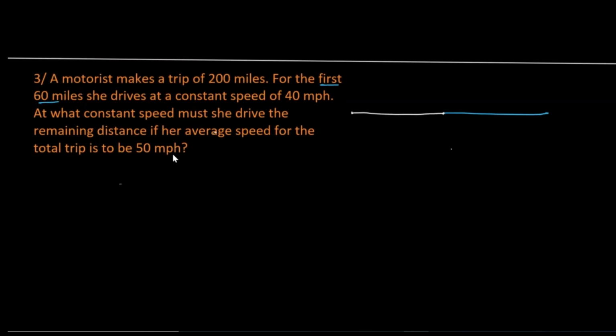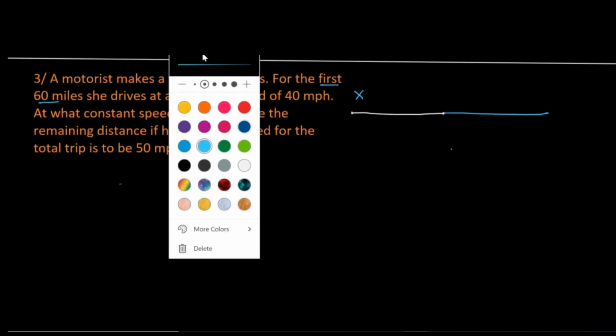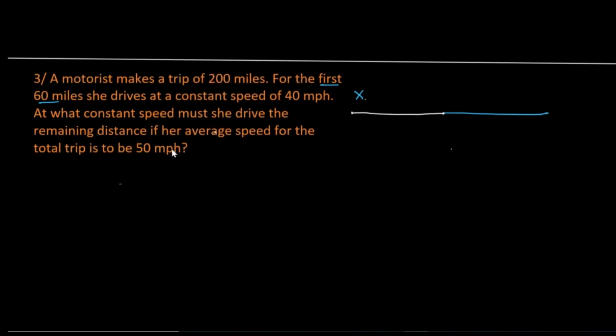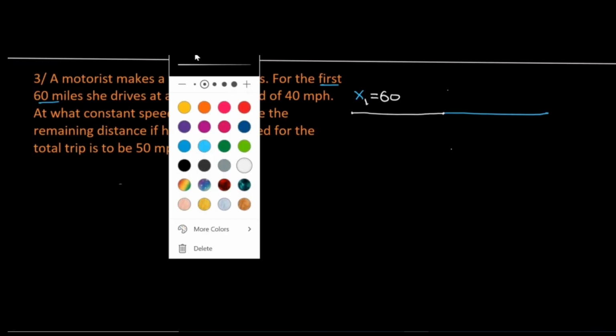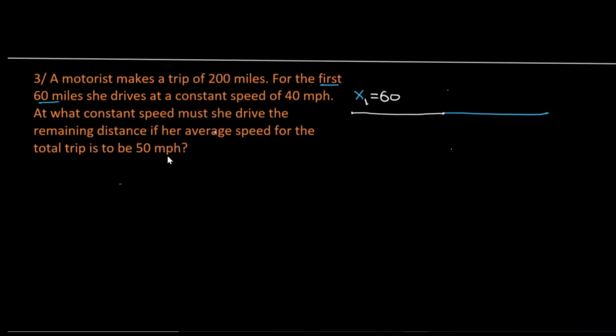Let me use my white pen just to make sure you understand this. This one is 60 miles distance, and then the remaining part is how much? 200 minus 60, I will call it x2, is equal to 140 miles. Okay, very good.